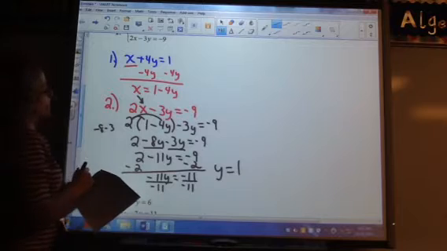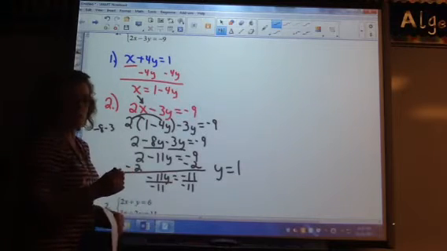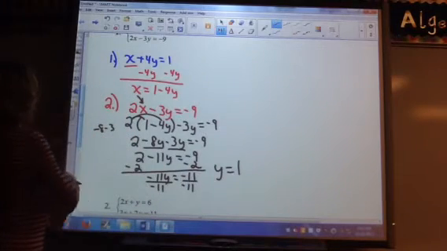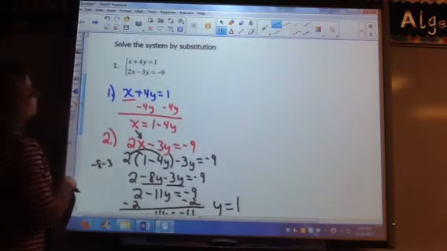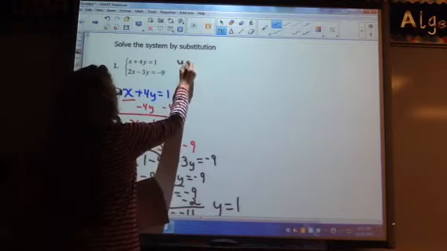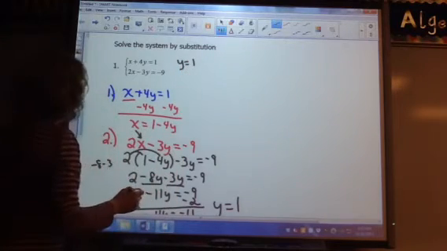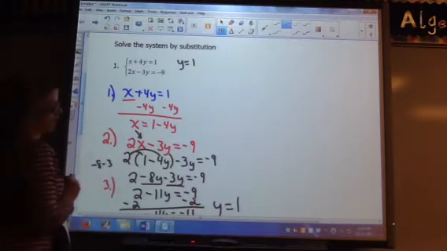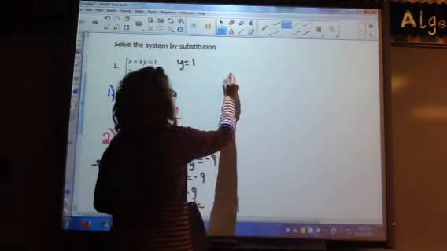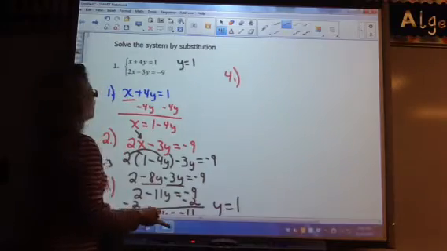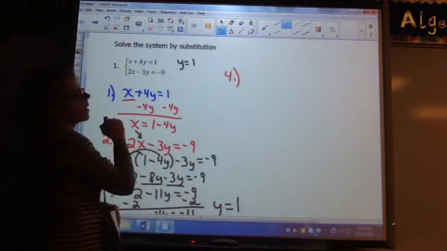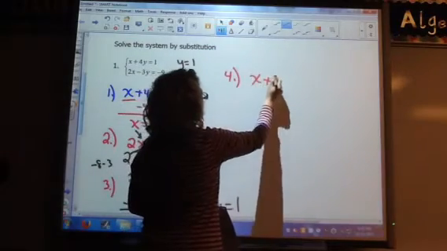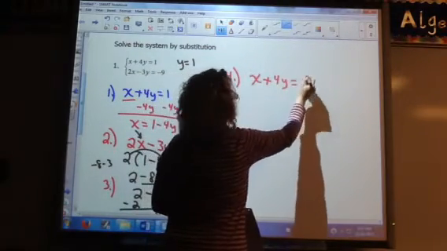Okay, remember when we're solving systems, we're looking for an ordered pair. So we have our y value here. So let's go back up. Alright, so right here I'm going to put y equals 1. Part of this was step 3 also, so I'm going to put 3 there. Alright, so step 4. Step 4 is to take the y value and pick any equation you want and substitute it in. Well, I'm going to pick the first equation. So, x plus 4y equals 1.